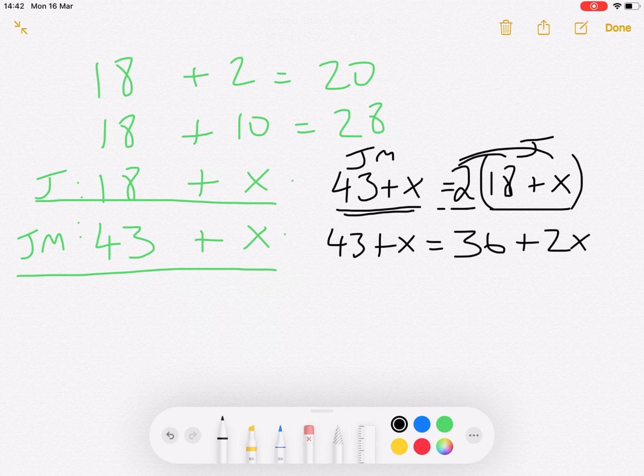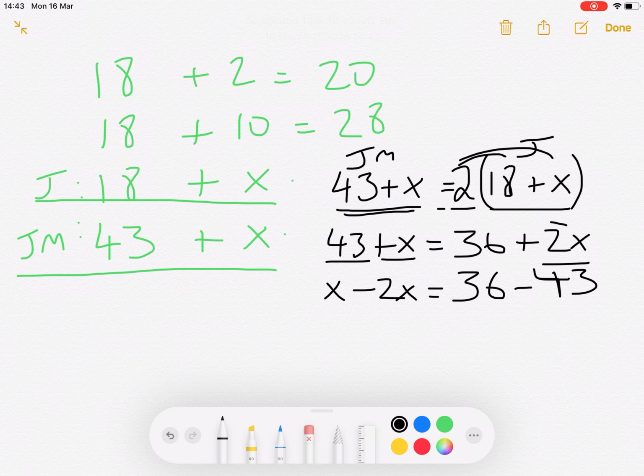So I can keep X on the left hand side, we usually do that, don't we? So the X is over here, so that's staying put, that is moving, so that becomes minus 2X, and I've got 36 over here already, and I'm going to bring that 43 over, it's going to become a minus also. So I've got X minus 2X gives me minus X, and I've got 36 minus 43 is minus 7.